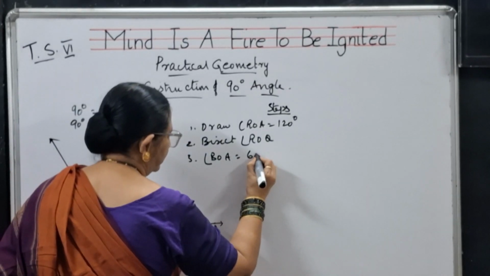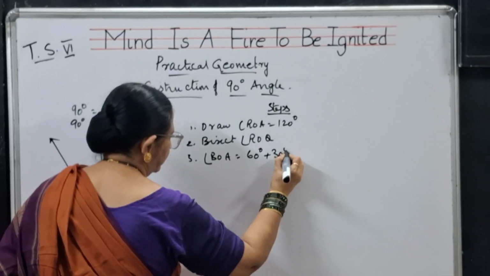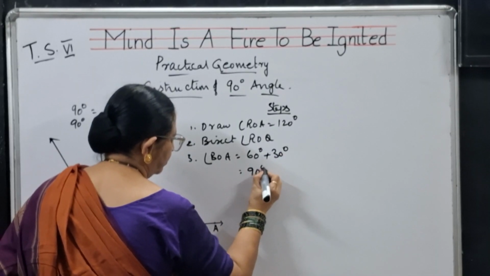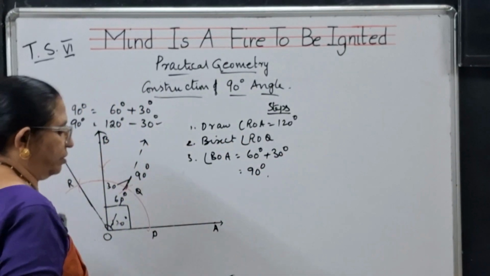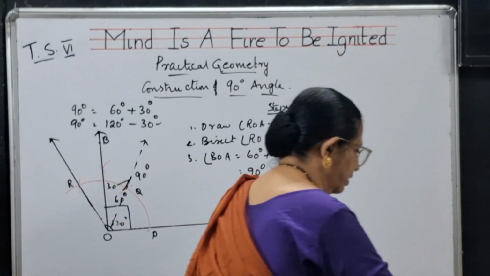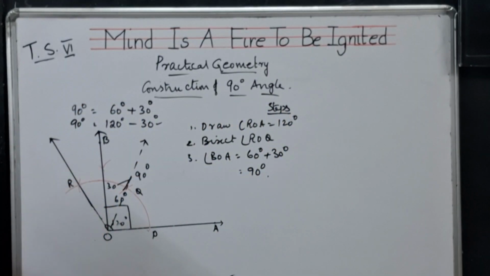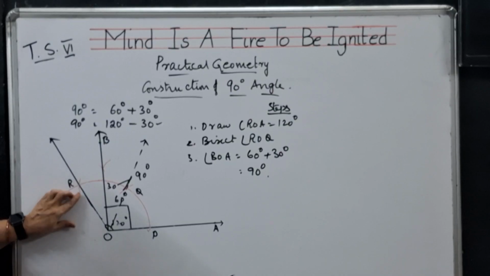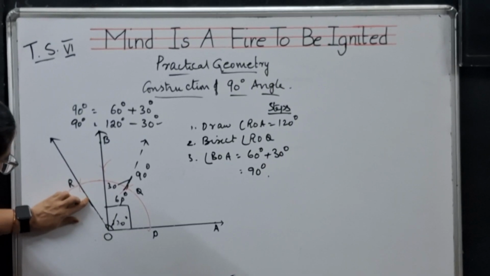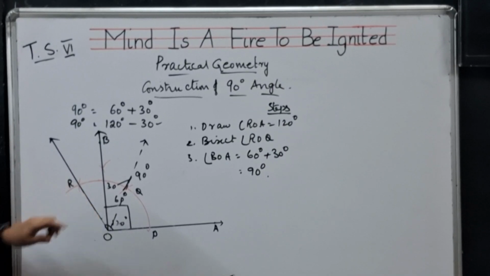So 60 degrees plus 30 degrees is equal to 90 degrees. This is how you can construct 90 degrees. In this way, children, if you use your compass and do it perfectly, you will be getting it.